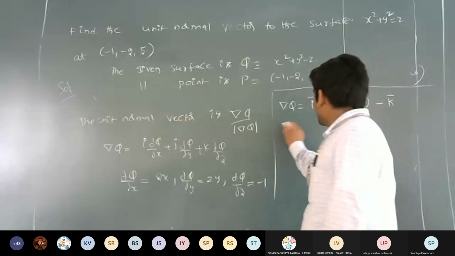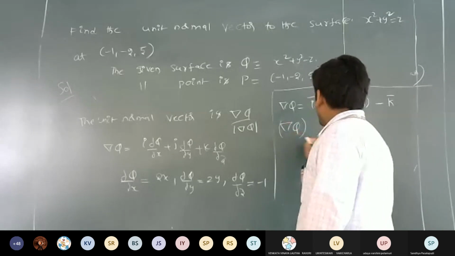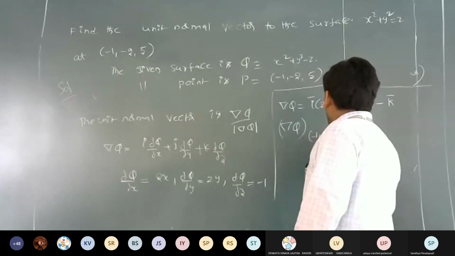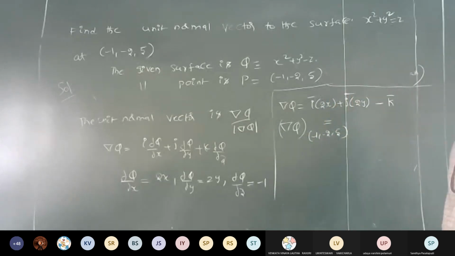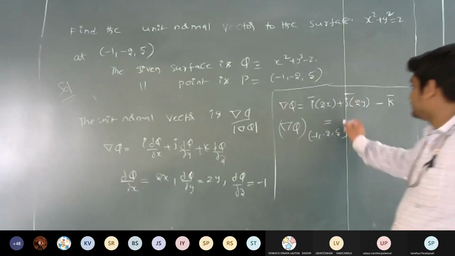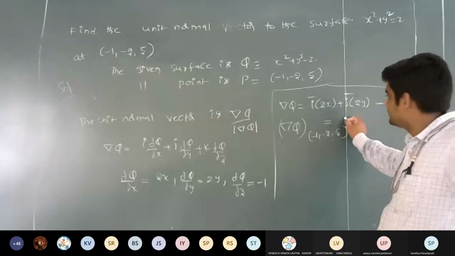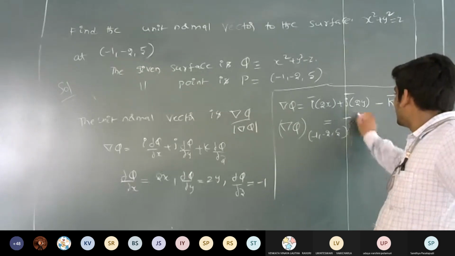Now we have to calculate the del phi at the point minus 1 comma minus 2 comma 5. So what happened? It is nothing but minus 2i minus 4j minus k.